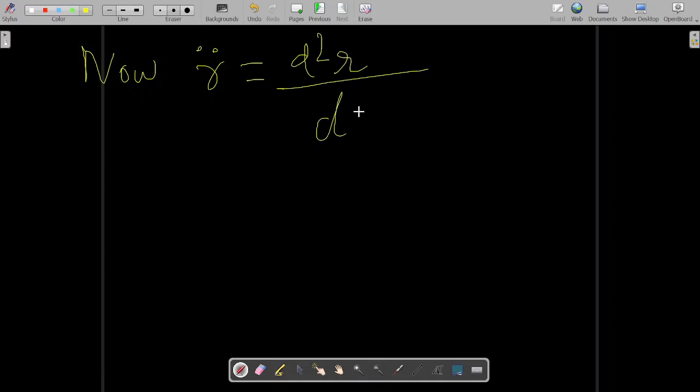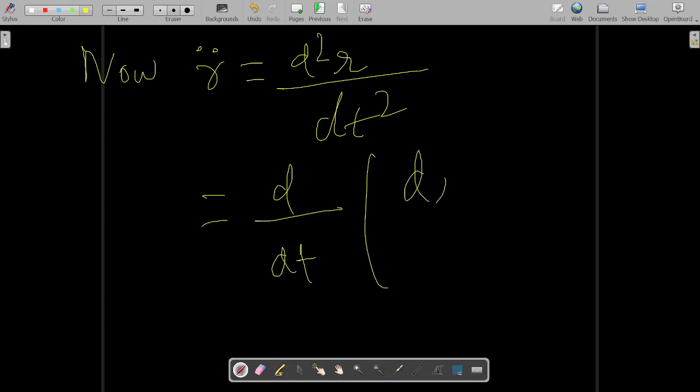So now r double dot. Okay, now r double dot will be what? d2r by dt2. This is your r double dot, which will in turn be equal to d by dt of dr by dt.